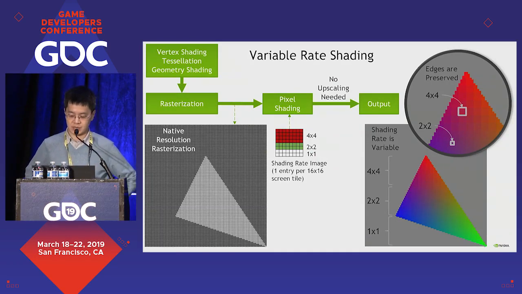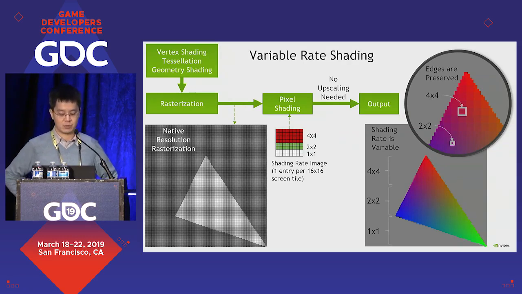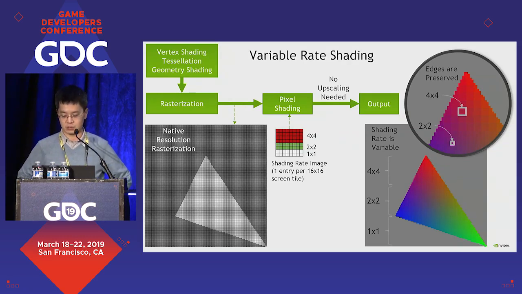With variable rate shading, we directly rasterize the scene to a full-size render target. It's at the pixel shading stage that we introduce this fine-grained control of the shading rate. So the developer provides a shading rate image, which is 16 by 16 times smaller than the render target. Each entry, or texel, in this image encodes the shading rate of a 16 by 16 screen block.